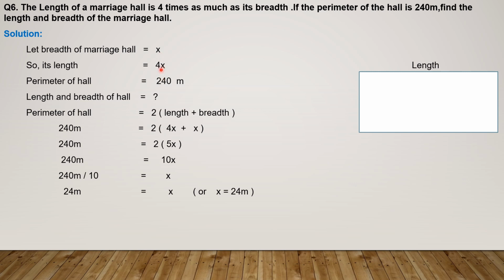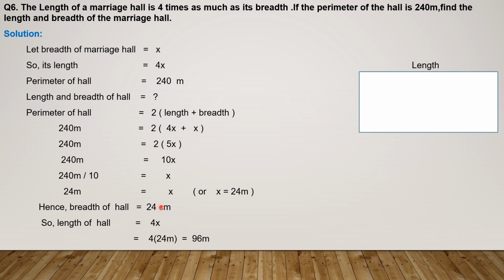Now also find the length. How will we find the length? Multiply 24 with 4, as length is 4 times its breadth. So multiply 4 with 24, we will get the length. The breadth of the hall we get is 24 meter. So the length of the hall is, as given, 4x, multiply 24 meter.